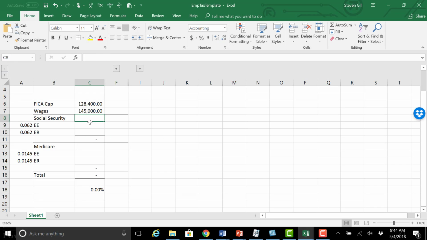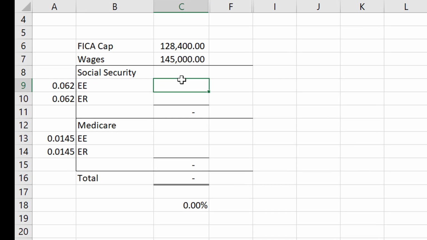So here we are. We've got the FICA cap entered and the wages that we're worried about entered. And notice that I've put the rates over here beside each one. Okay, so here we are in Social Security. And we know that the employee pays 6.2% times not the total wages. Because Sandy's income exceeds the FICA cap, it's only multiplied by the FICA cap.